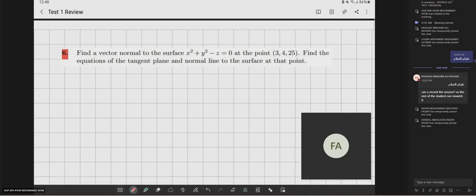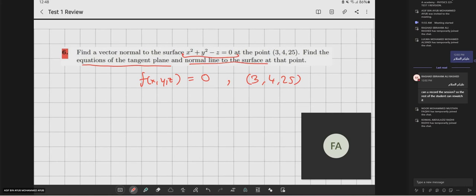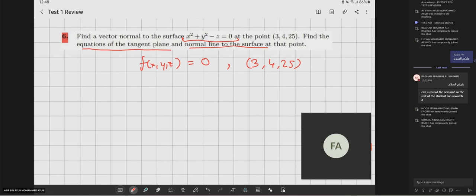The question gives you a function f of x, y, z equal to 0, and they're giving you a point 3, 4, 25. And they're asking you to find the equations of the tangent plane and the normal line to the surface. Now, this is something that I skipped during the lectures, because I didn't think it was important in this course. But since one of you asked this question, I'm going to show you how to solve this.